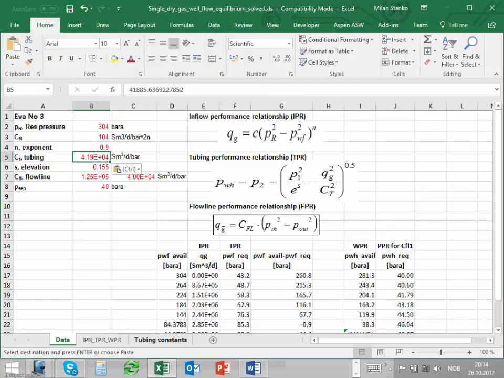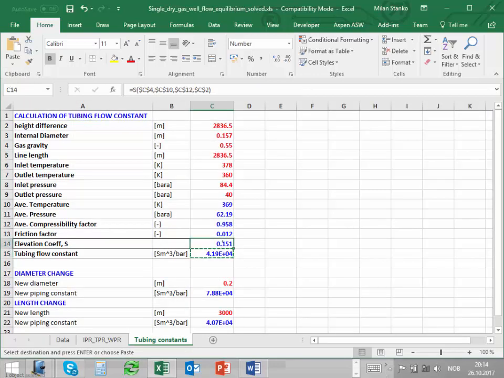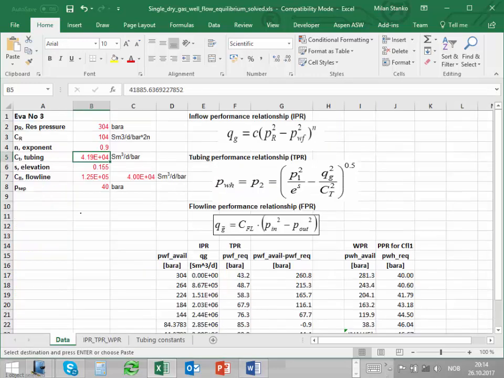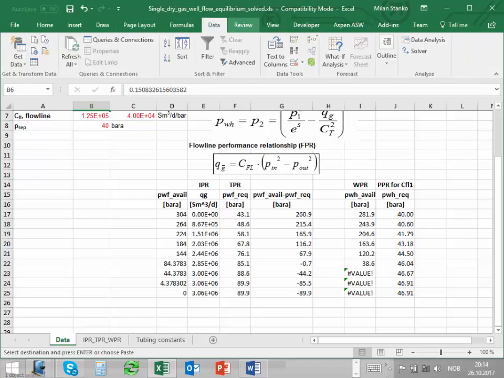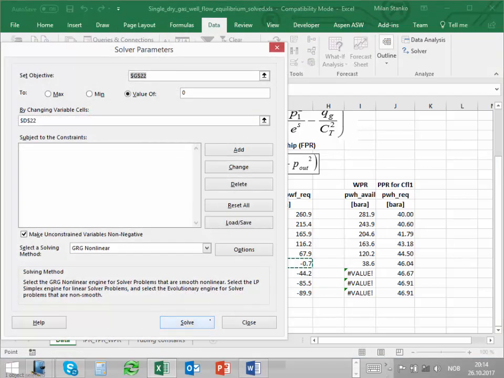And then I also copy the elevation factor, which also changed, because it also has the average inside. Elevation, paste. And now you see 84.37 doesn't give you 0, but it gives you 0.7 bar, a difference of 0.7 bar. So we run our solver again.